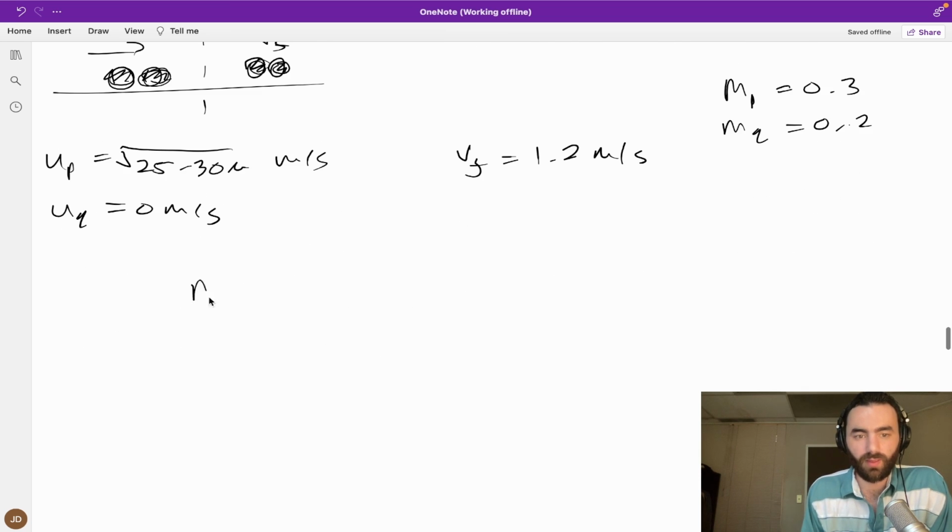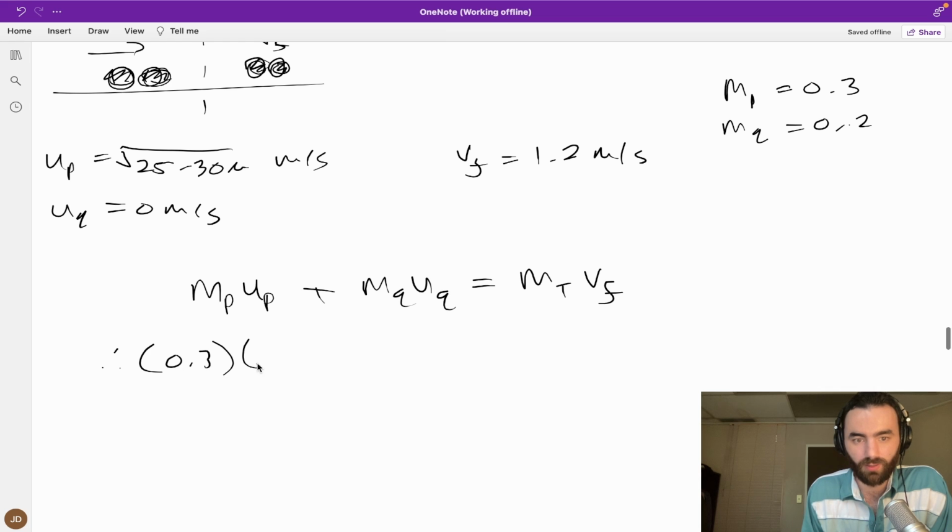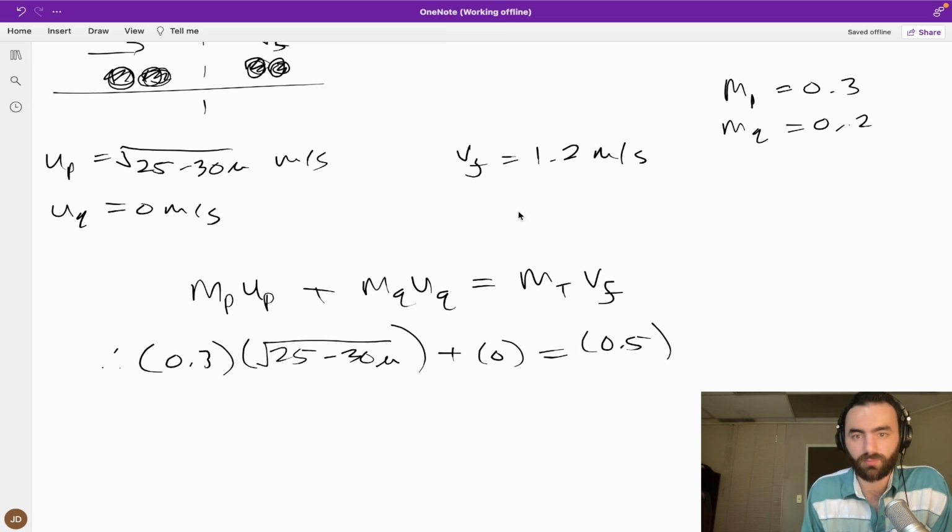So we have mass of P times velocity of P before the collision, plus mass of Q times velocity of Q before the collision, equal to the total mass times the final velocity. This is 0.3 multiplied by the square root of 25 minus 30 mu, plus the mass of Q times UQ, which is 0, equals the total mass, 0.5, times 1.2.